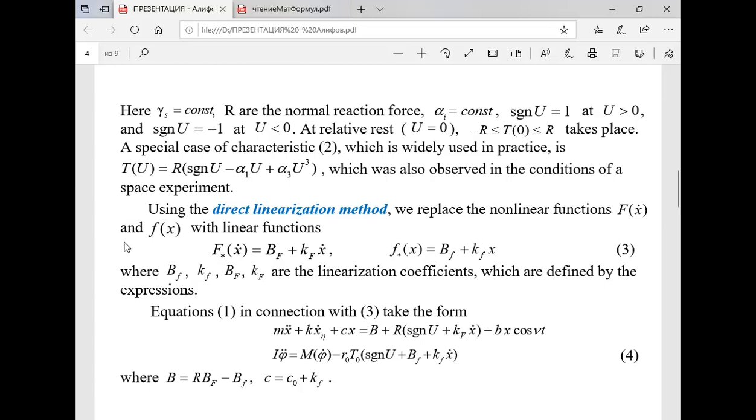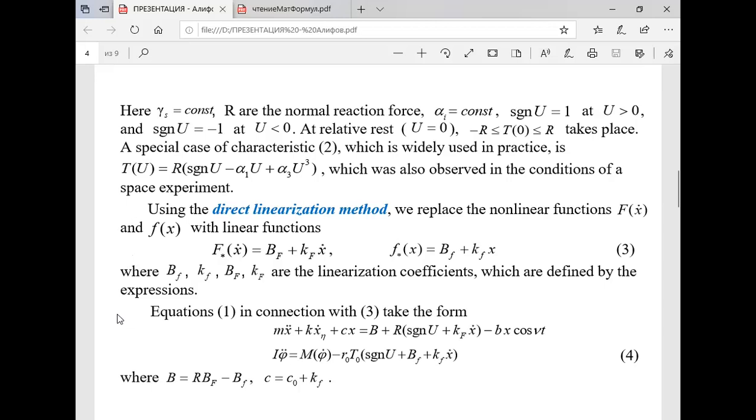Using the direct linearization method, we replace the nonlinear functions f of x dot and f of x with linear functions f sub asterisk of x dot is equal b sub f plus k sub f x dot, f sub asterisk of x is equal b sub f plus k sub f x, where b, k are the linearization coefficients which are defined by the expressions.